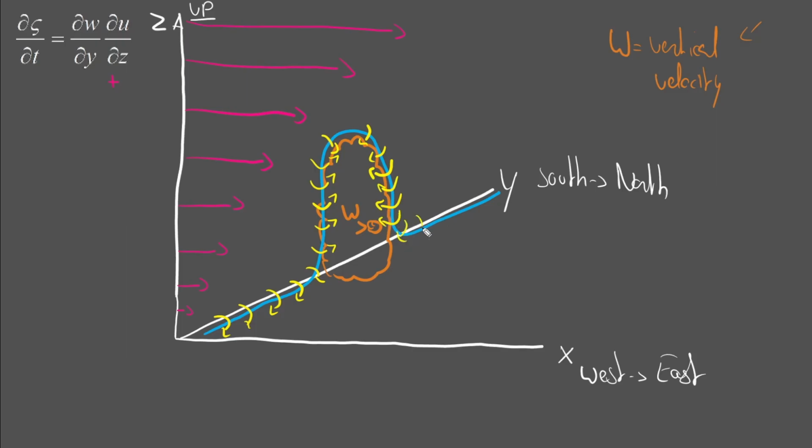And away from the updraft, du dz is still everywhere positive. So the sense of rotation is again as it was here. And this is very important right now, because if we now look at this term here, dw dy, this means the following.